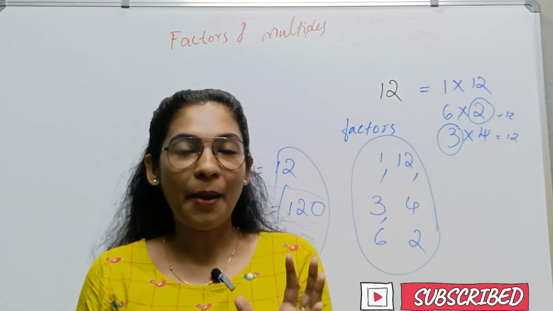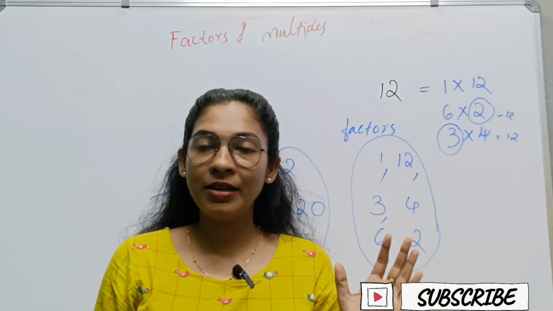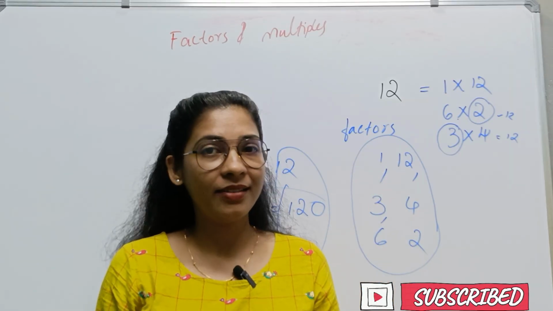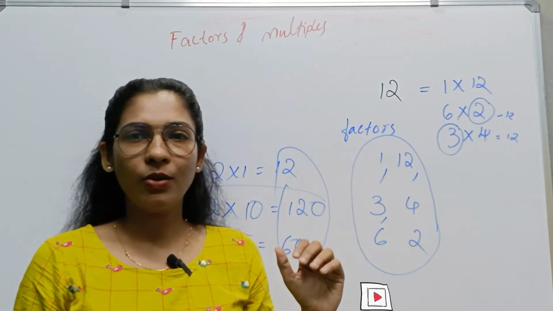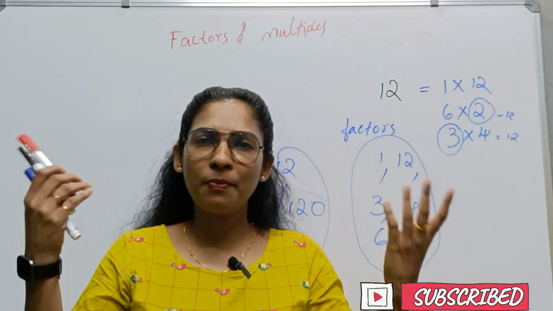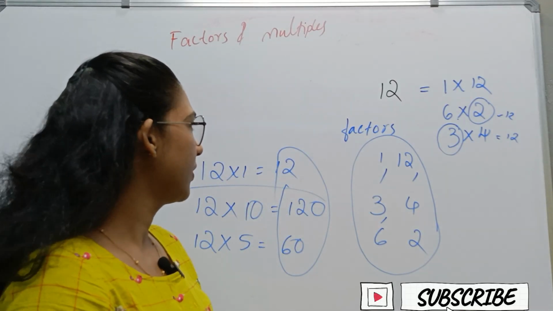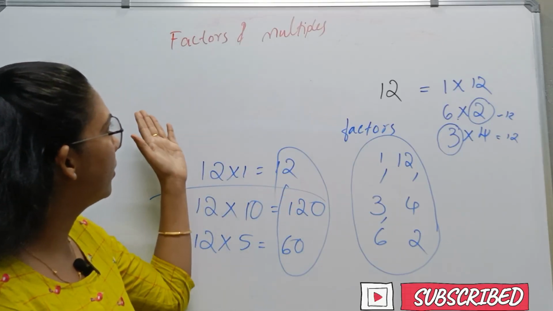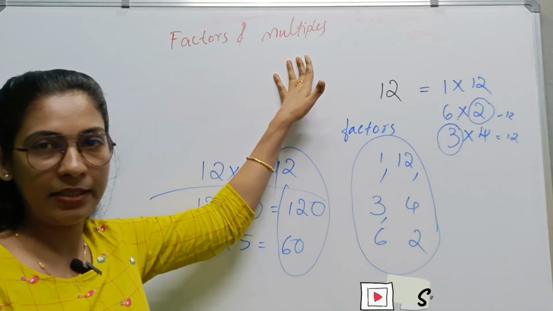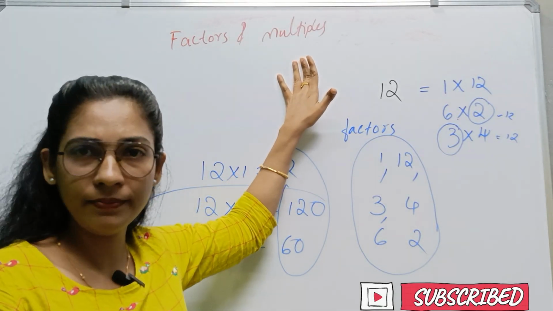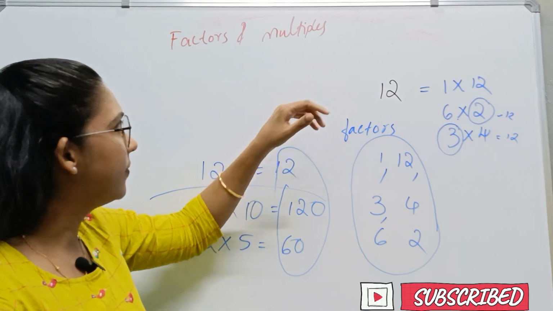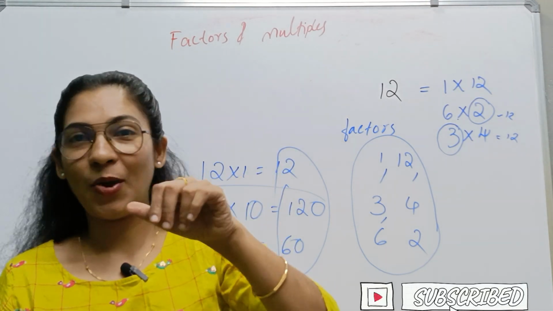The number of factors of any number is always less than the number of multiples; the number of multiples can be very high. So these are the differences between factors and multiples. Is it clear?